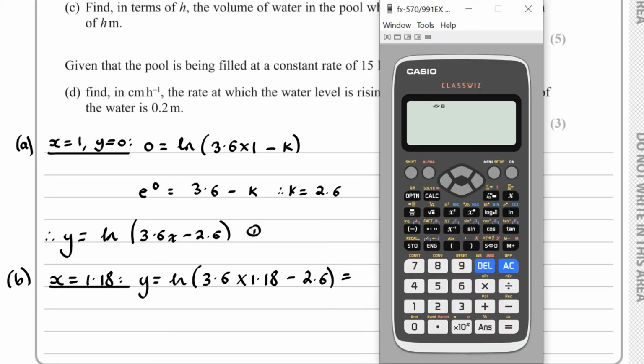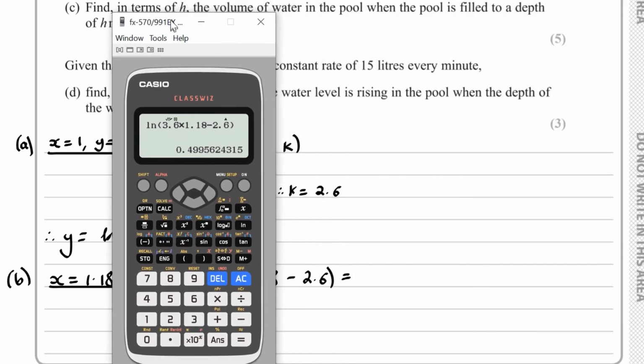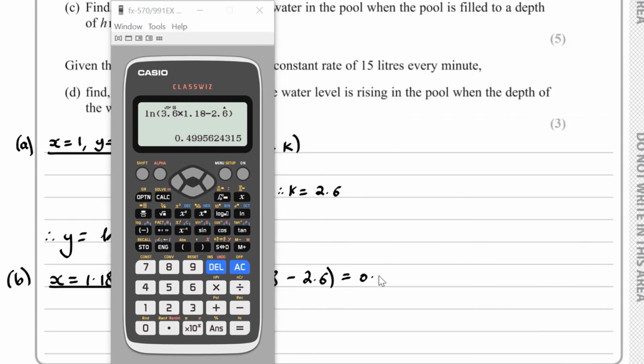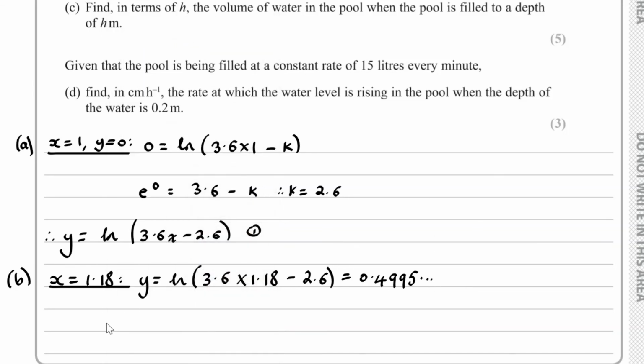So if we work this out, we have the natural log of 3.6 times 1.18 minus 2.6, which is this value of 0.4995, etc. And so therefore the depth is equal to 5.00 meters to 3 significant figures.